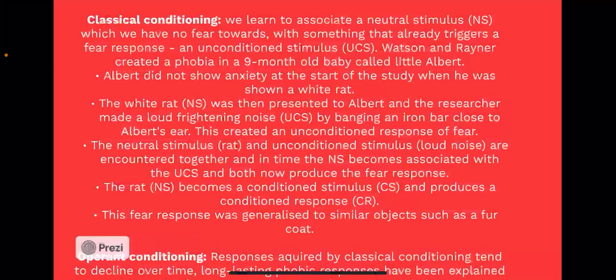I'm saying a lot of letters there, but once you've got that formula in front of you that you've done in your lessons, it's easier for you to input the terms such as rat and loud noise and fear into that formula, and you can use that formula to revise. It's much easier than reading through all of that information. Draw the formula, revise the formula, and make sure you can elaborate on that formula to explain what's happening.